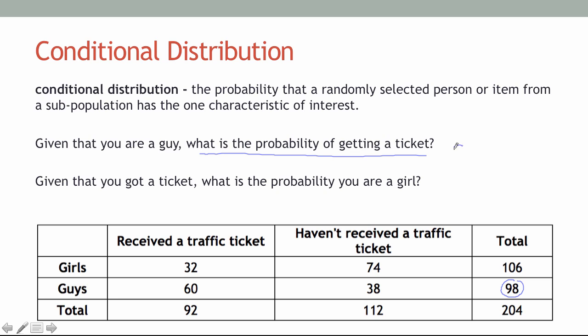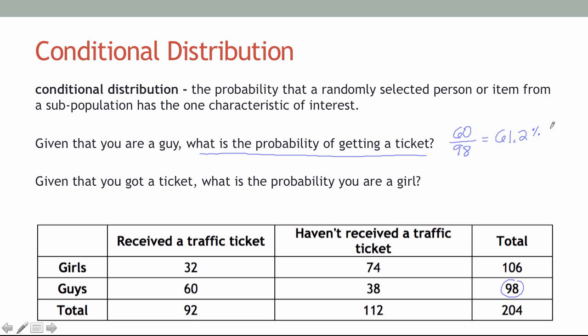So out of 98 guys, given that I am a guy, I'm just looking at that population, what is the probability of getting a ticket? Well, 60 out of 98 got a ticket. And if I turn that into a percent, 60 divided by 98 is 0.61. And if I multiply that by 100, that is about 61.2%.